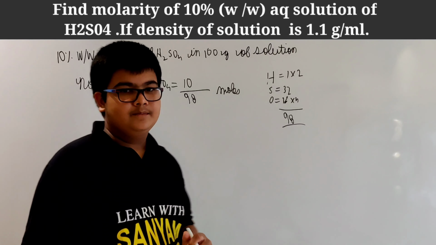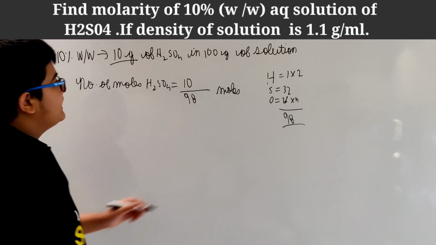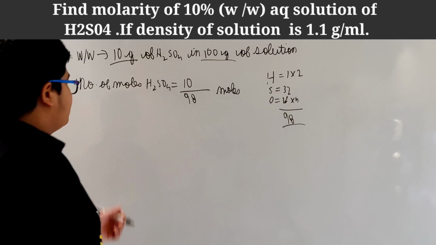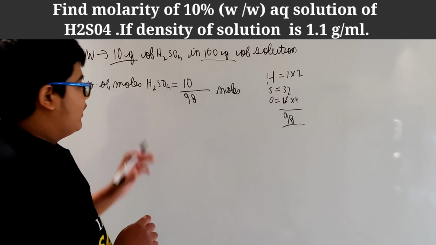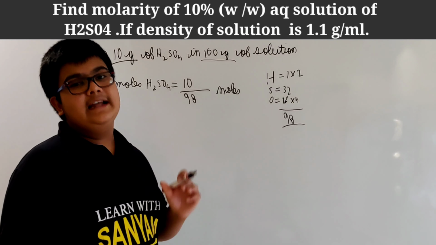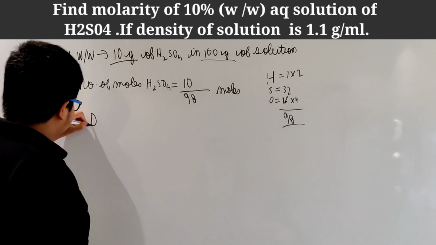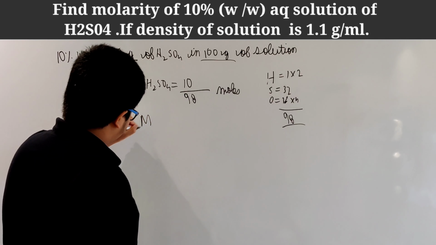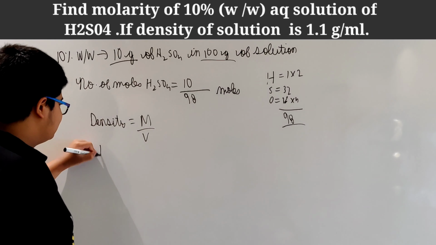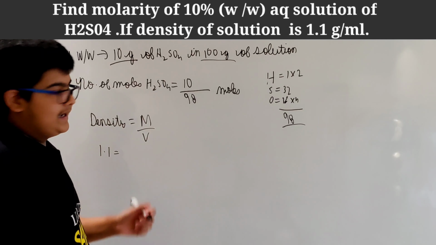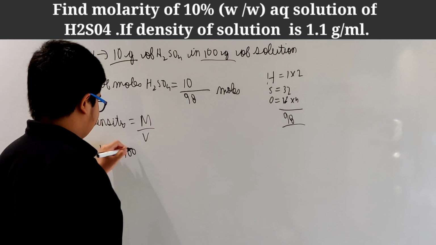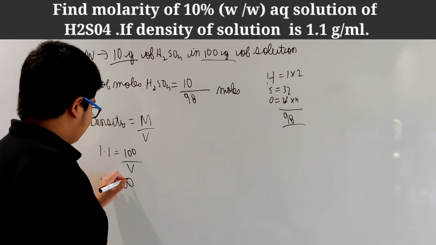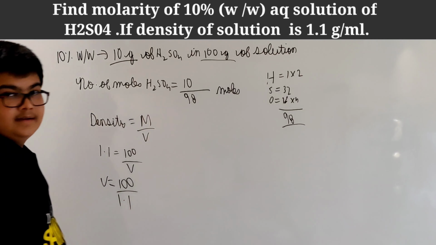Now we have to find the volume of solution, because that is the second thing we need to find molarity. Here we are given the mass of solution but not the volume. From mass we can find the volume if we know the density, because density is equal to mass by volume. We are given that density of solution is 1.1 gram per ml and mass we know is 100. So from here volume can be found as 100 by 1.1 ml.